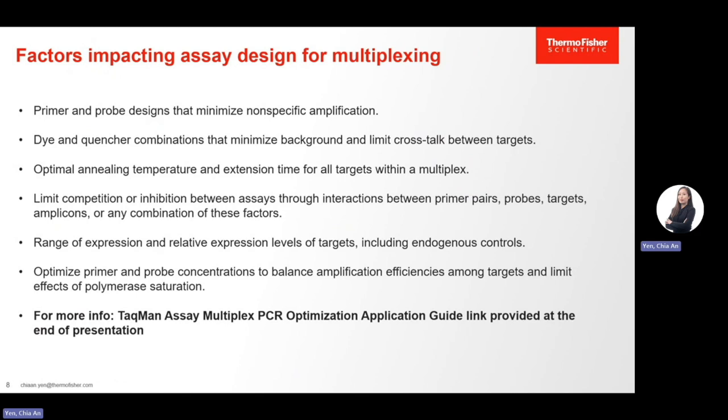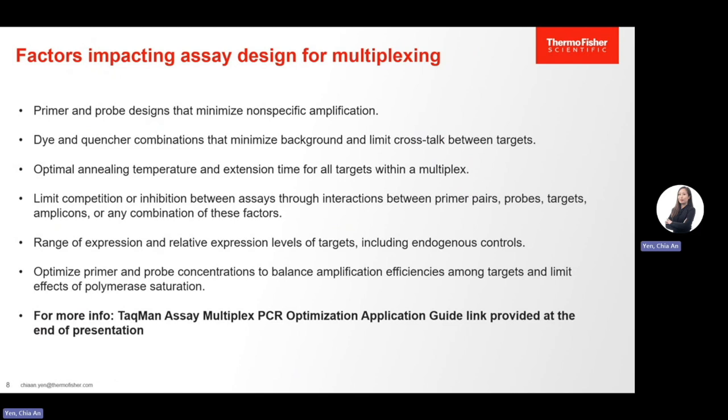Competition and inhibition between assays is another huge factor, and that can occur through interactions among various primer pairs, probes, targets, amplicons, or any combination of the above. And you might want to check for that by running a single target reaction for all the different targets and compare them to the multiplexed reaction.